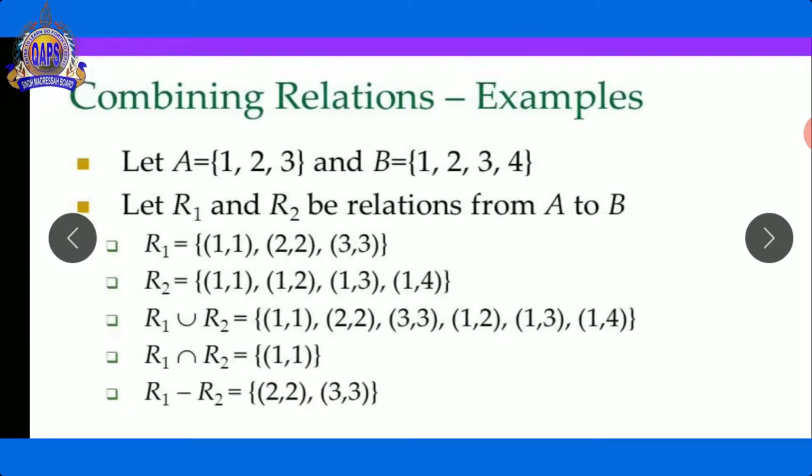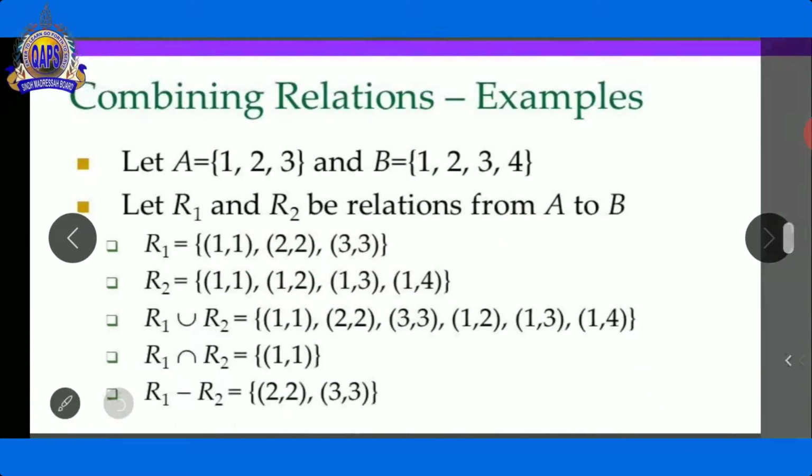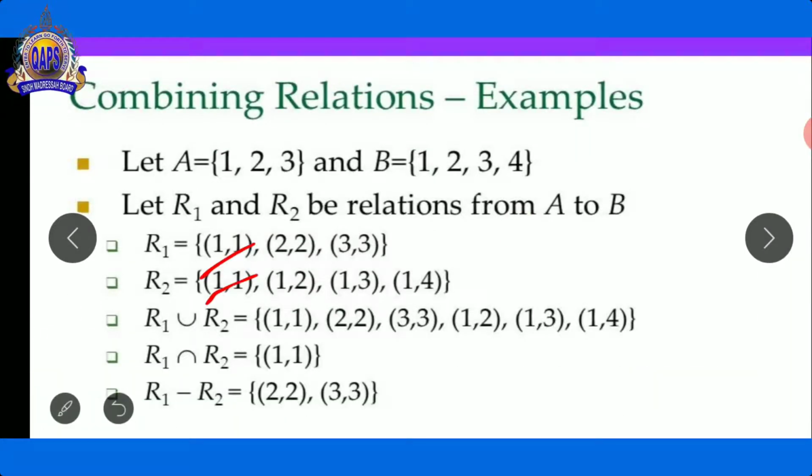Now we solve the difference between relation 1 and relation 2. See here, relation 1 minus relation 2: only this ordered pair is the same, so we eliminate it, and these other ordered pairs are eliminated as well.